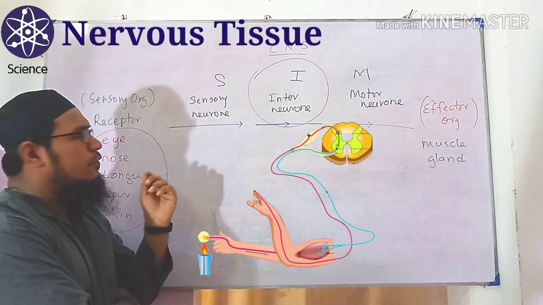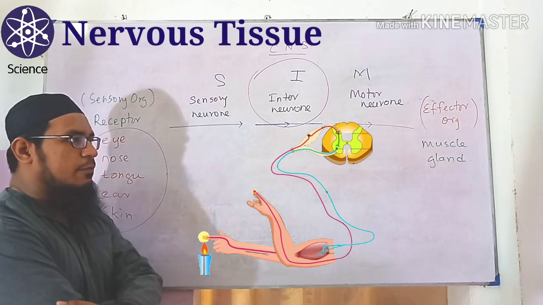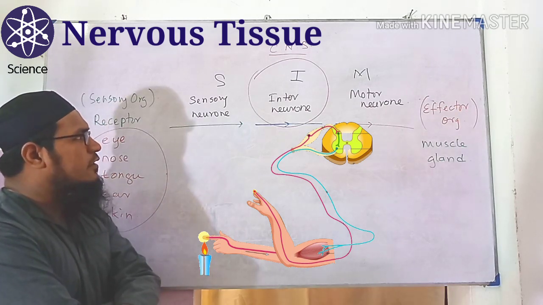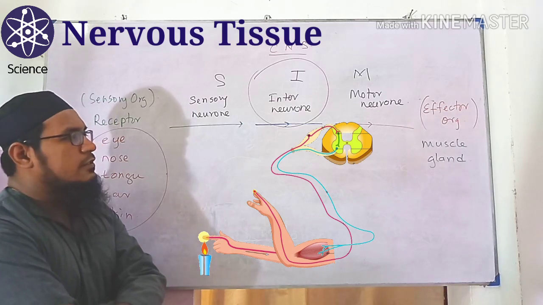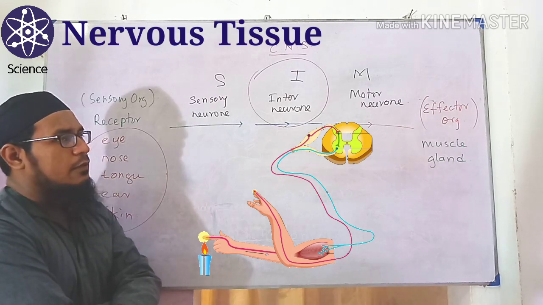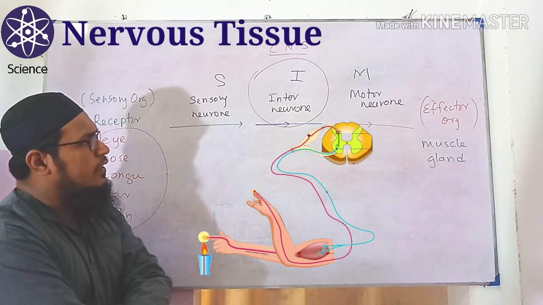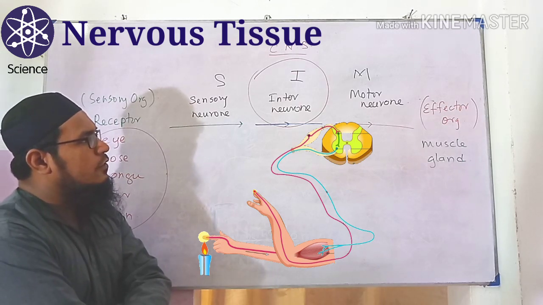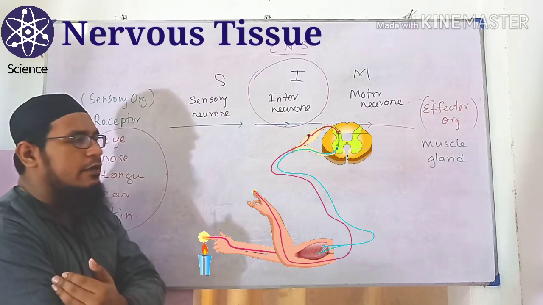The sensory neuron is activated. The sensory neuron gets stimulated and the pain travels through the sensory neuron and goes to the central nervous system. There a message goes to the brain, and in between that the interneuron sends a message to the motor neuron saying that now take the hand away.